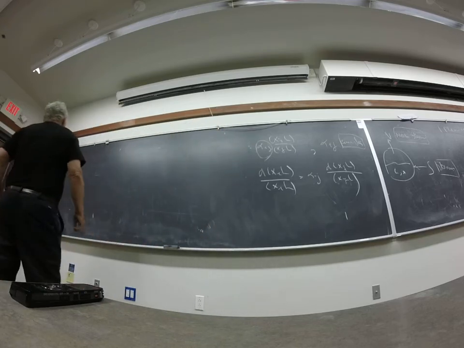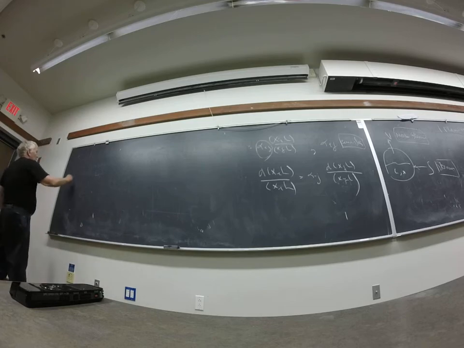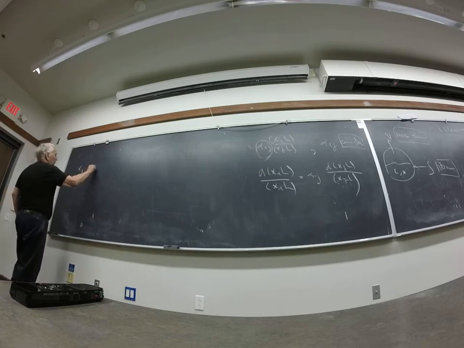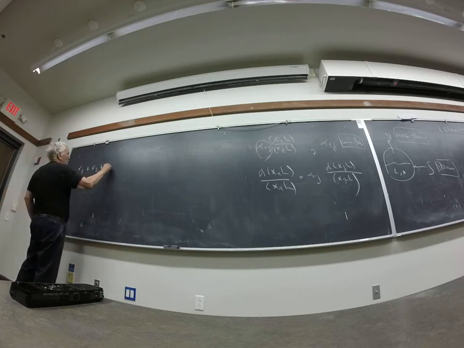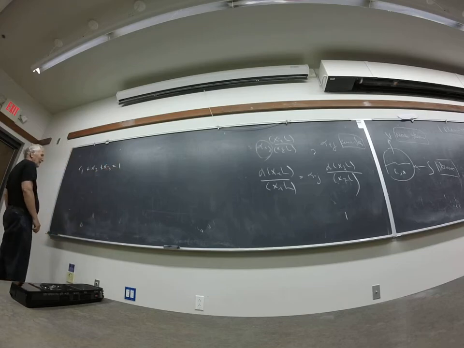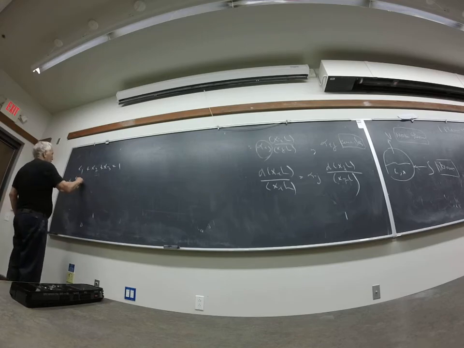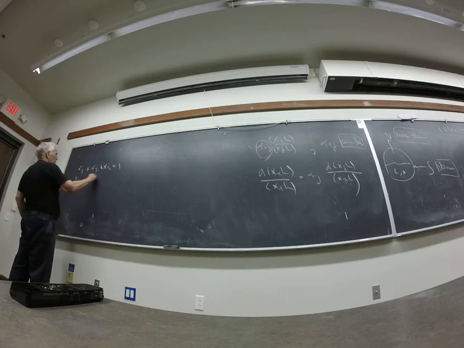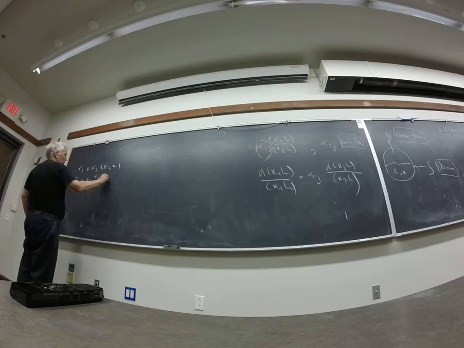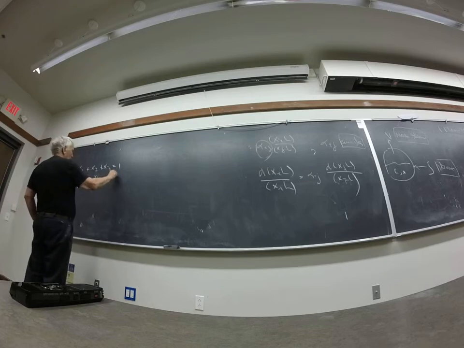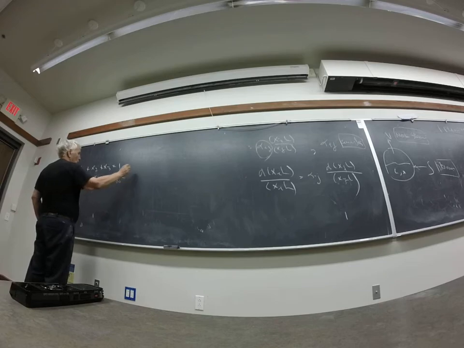The condition is simply this, that x1 plus x2 plus x3 equals 1. So I'll multiply this by x1,0 divided by x1,0. I'll multiply this one by x2,0 divided by x2,0. I'll multiply this one by x3,0 divided by x3,0. That'll be 1 still.